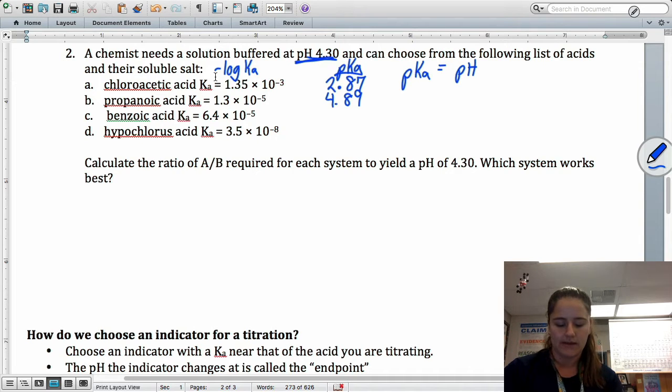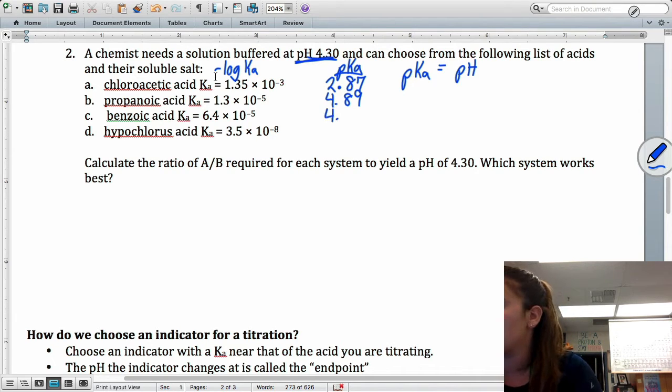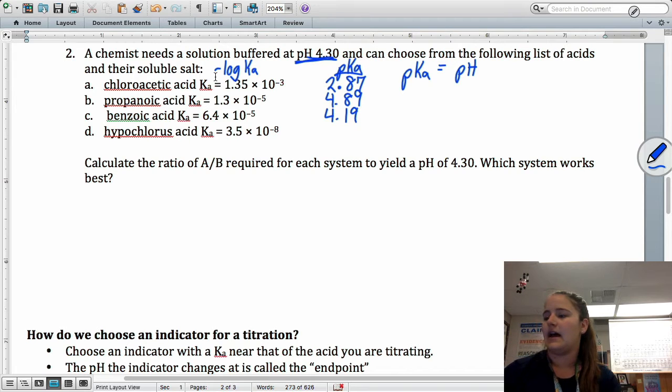Okay, benzoic acid, negative log of 6.4 times 10 to the negative 5, 4.19. And hypochlorous acid, 7.46.